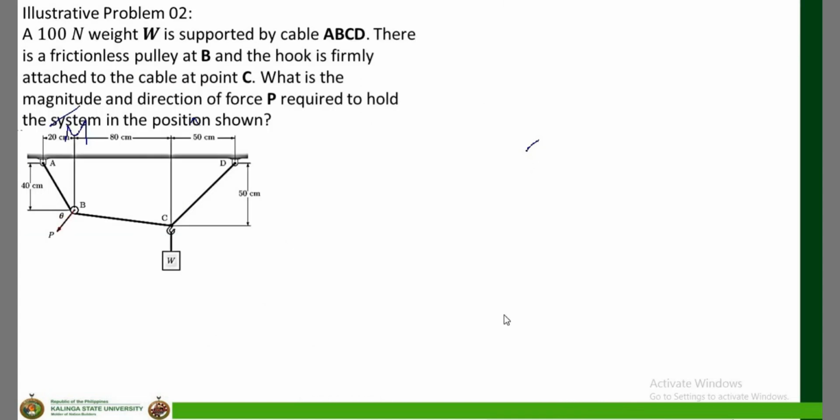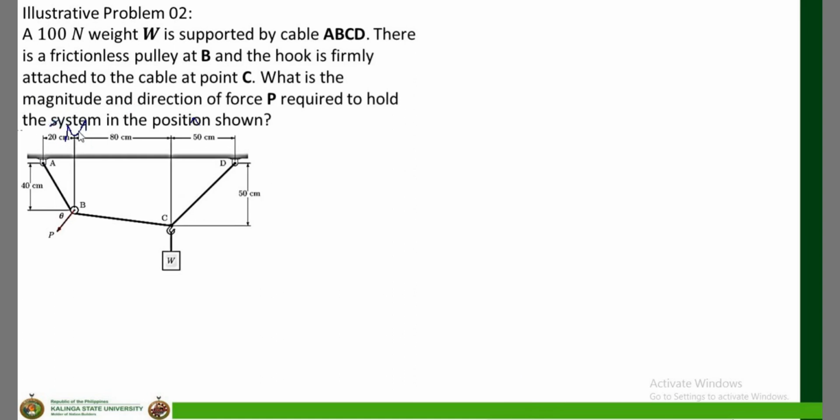To further understand the analysis of equilibrium of rigid bodies, let's have this example. For problem number 2, a 100 Newton weight W is supported by cable ABCD.